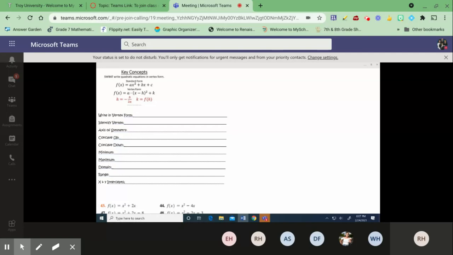I can't just change it, right? So when I add 4 here, I got to turn right back around and subtract it. If I do plus 4 minus 4, have I really changed my equation in any way? No. But what I have bought myself is this section right here.